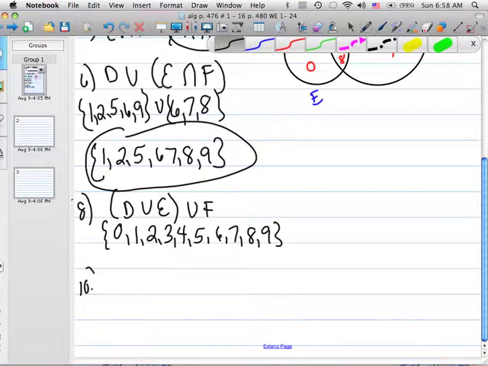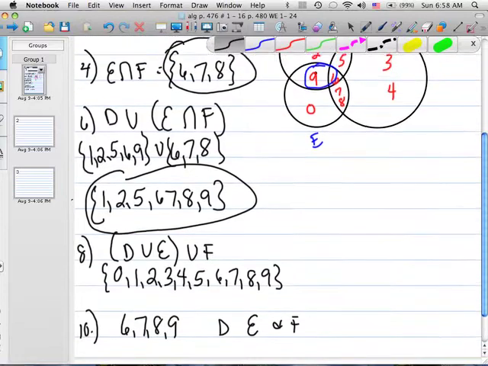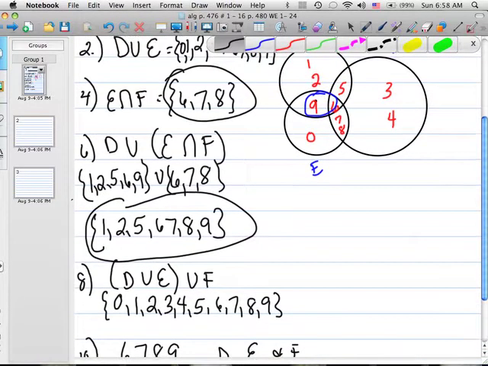And problem 10, express 6, 7, 8, 9 in terms of D, E, and F. So we want to end up with 6, 7, 8, and 9.